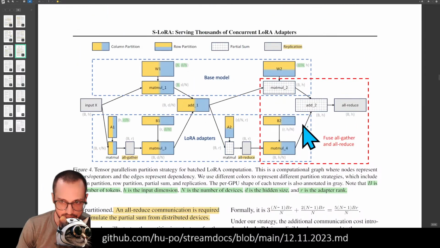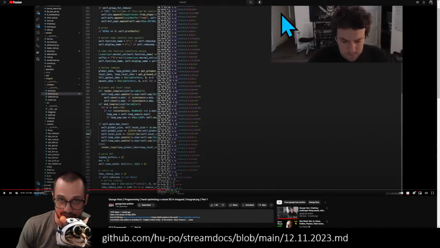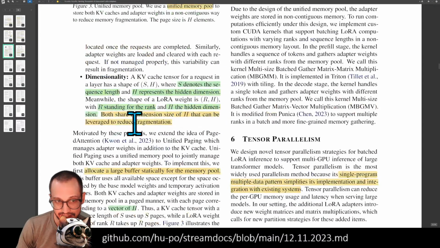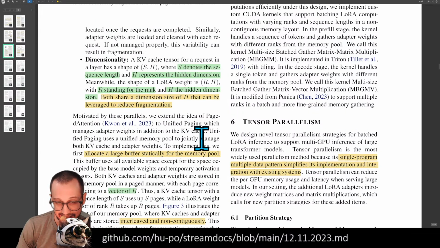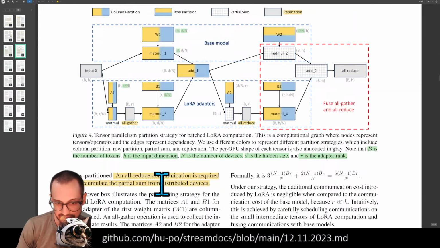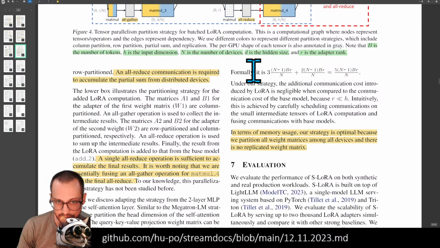the little bit of magic in the CUDA kernel, right? That's the little bit of magic that someone who sat there and stared at these kernel ops and was like, hey, wait a second. It turns out that the KV cache and the LoRA kernels have this shared dimension H, and because I know they have this shared dimension H, it means that I can calculate these split across multiple GPUs and fuse together what would normally be a couple different all gathers into one all reduce.